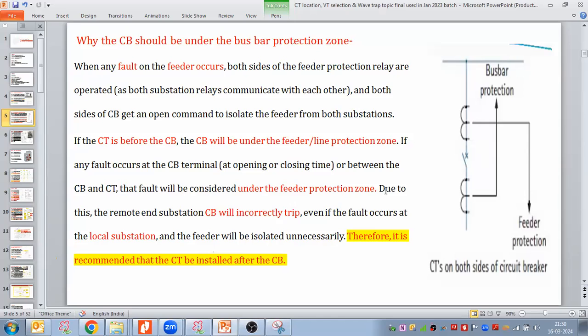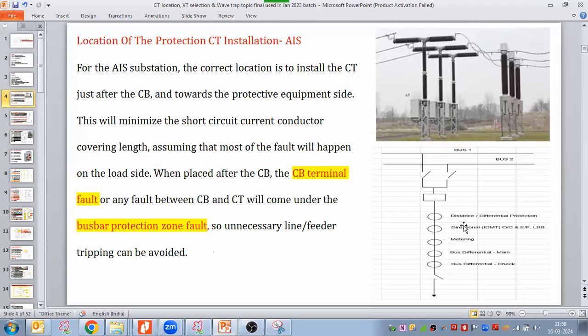Due to this, the remote end substation breaker will incorrectly trip even if the fault occurs at the local substation, and the feeder will be isolated unnecessarily. So it is recommended that the CT should be installed after the breaker. And I have given the reasons, two reasons why it is like that.